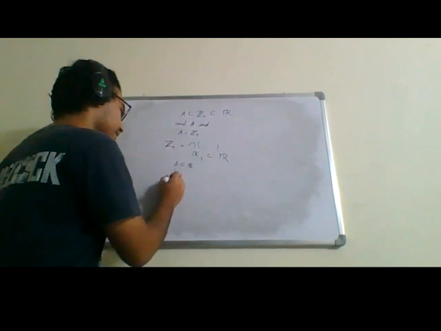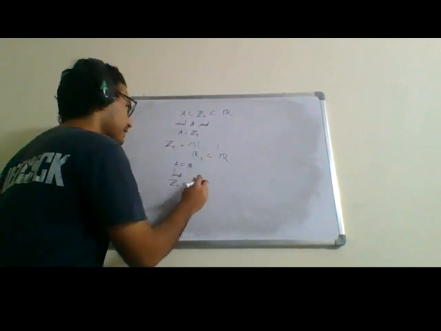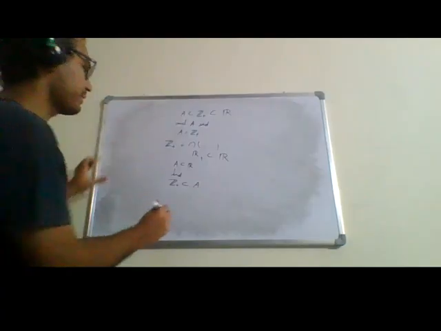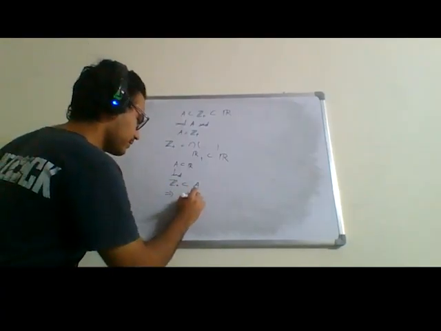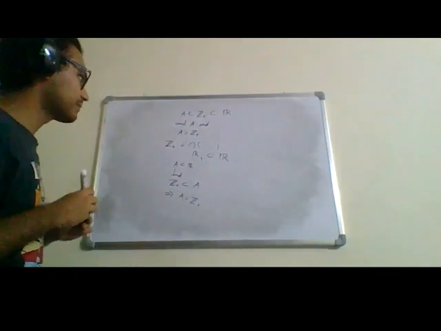So what do we get? We get Z plus is contained in A, and both of them together mean that A is equal to Z plus, right?